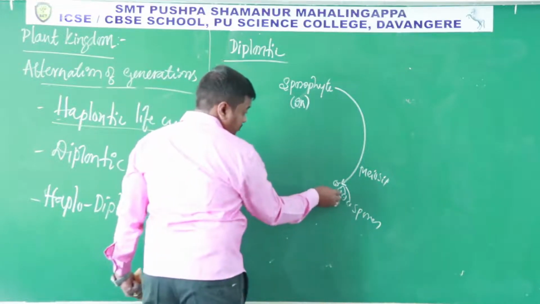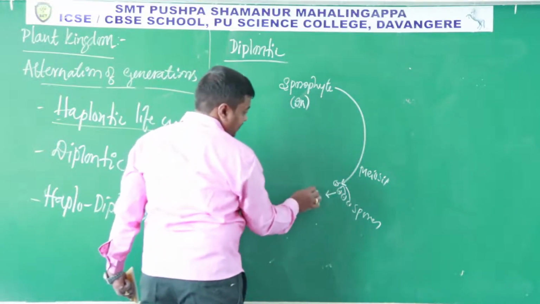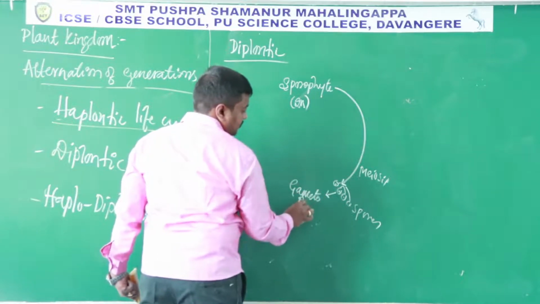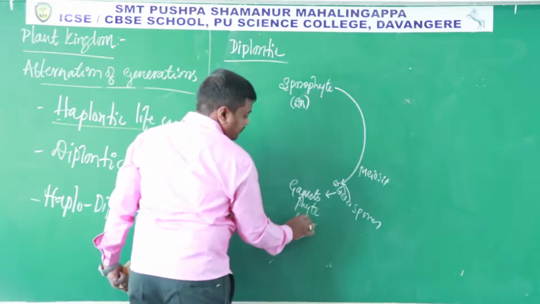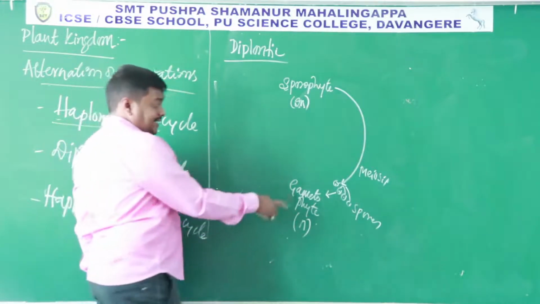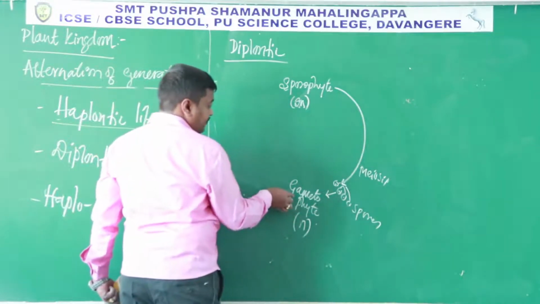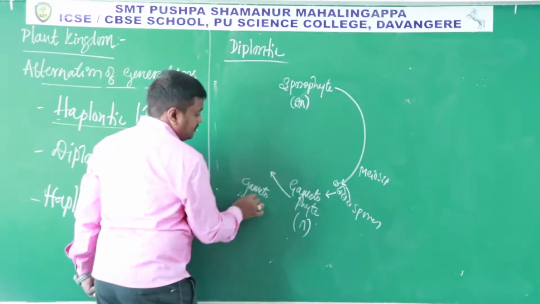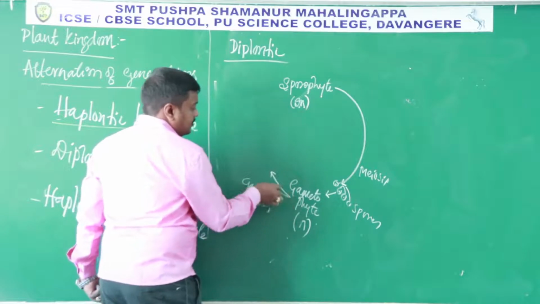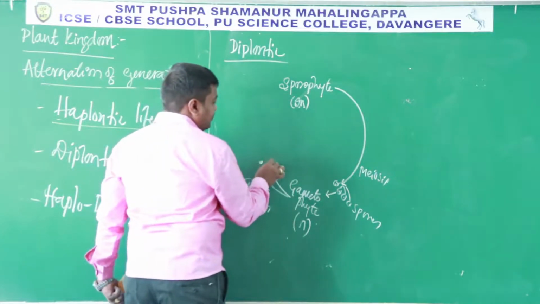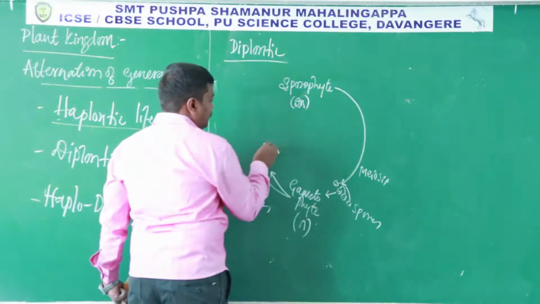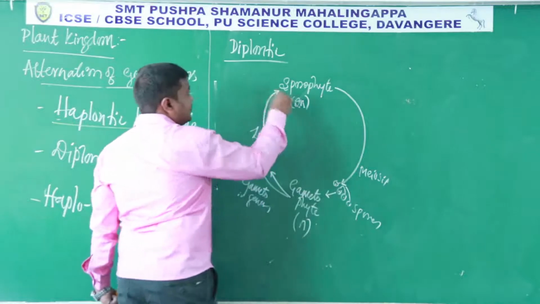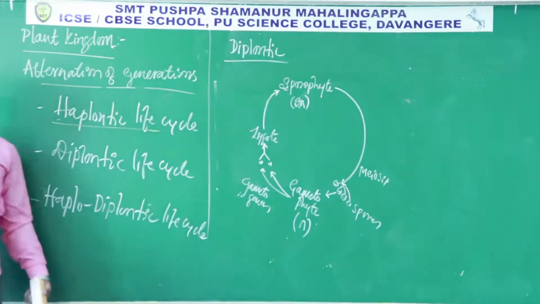These spores develop into gametophyte, and this gametophyte is short lived. This gametophyte undergoes gametogenesis, so two gametes are formed. These gametes fuse to form the zygote. Here zygote forms the sporophyte again.